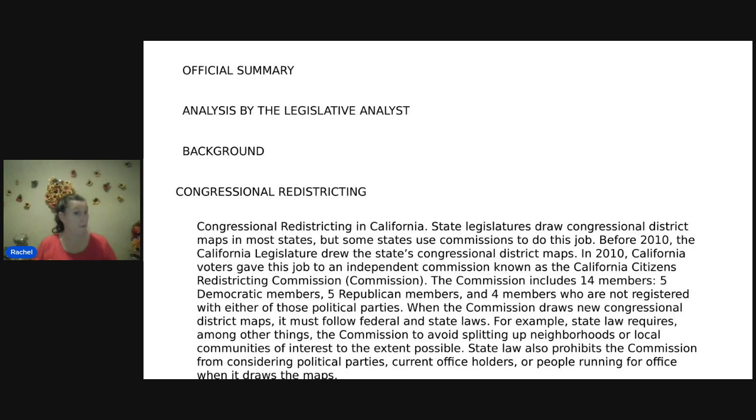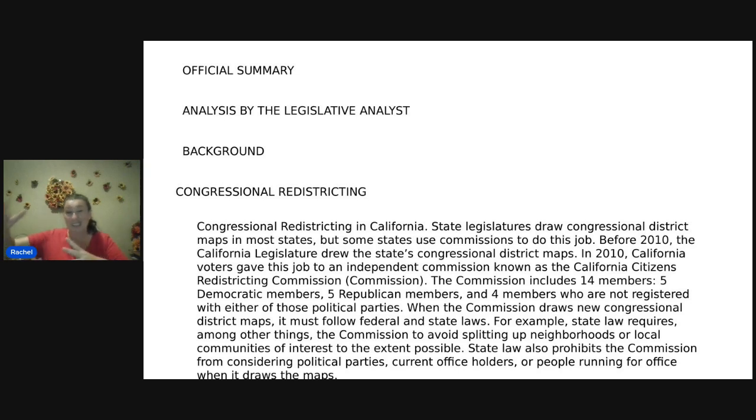So California voters said, we don't want the legislature, we want the commission. The commission includes 14 members: 5 Democrats, 5 Republicans, and 4 members who might be independents, libertarians, Greens, or social democrats, but not one of the 2 major parties.